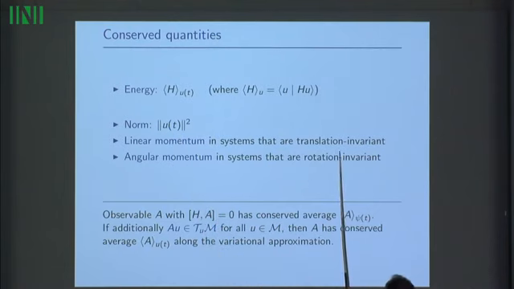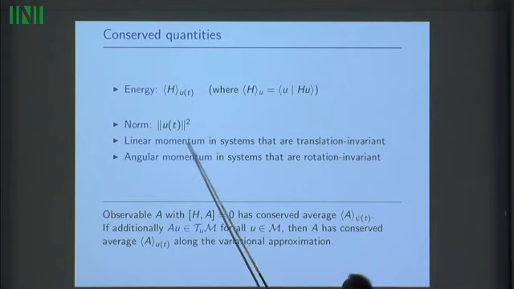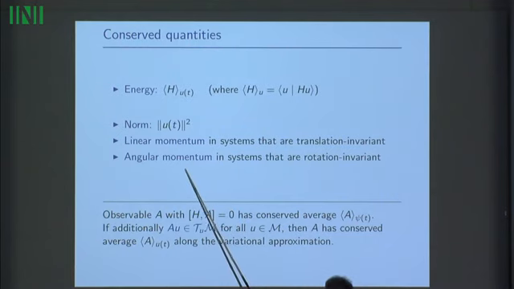And if my system is translation invariant, then linear momentum is conserved. If the system is rotation invariant, then angular momentum is preserved. And for the Gaussians, the linear momentum and the angular momentum are exactly the linear and angular momentum of the corresponding classical system that corresponds to the parameters, to the position parameter q and the momentum parameter p. And they are preserved exactly in these cases.